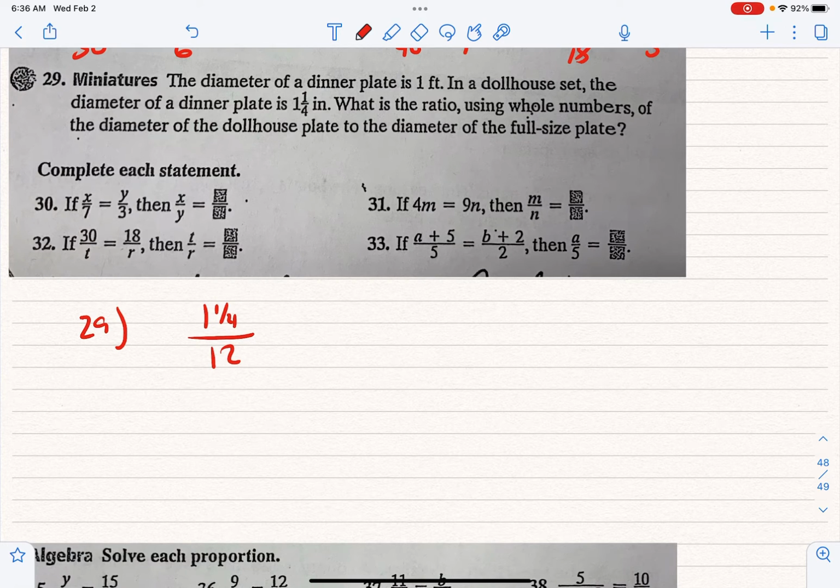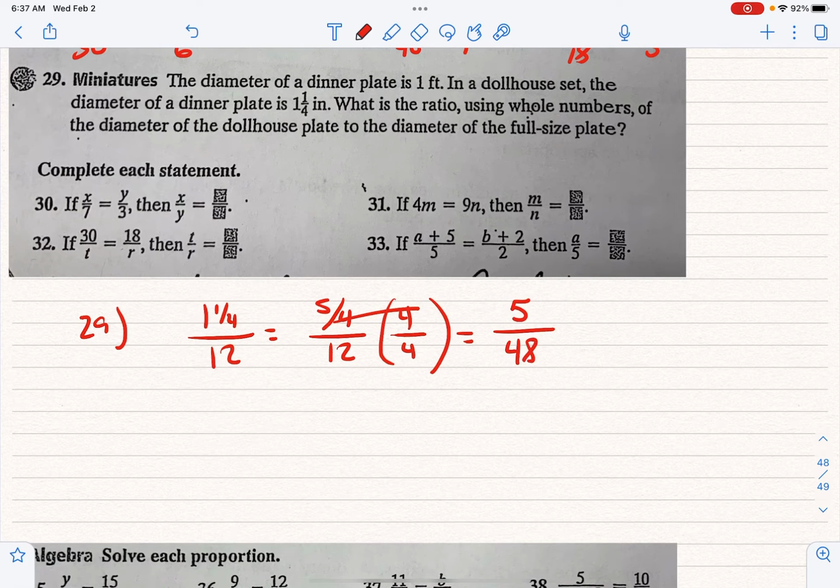It wants whole numbers involved. So we've got to look at this. We could say this is the same thing as 5/4 to 12 inches, and we could multiply the top and bottom by 4. Here, the 4s would cancel out, and that would only leave us with a 5 up top, and on the bottom, 4 times 12 is 48. So the ratio is 5 to 48, believe it or not.